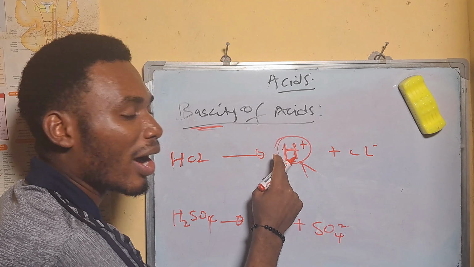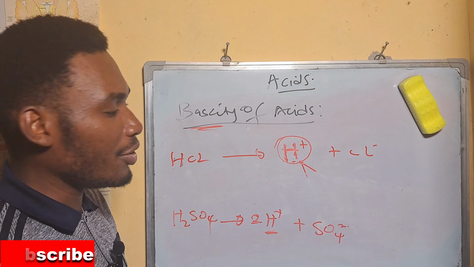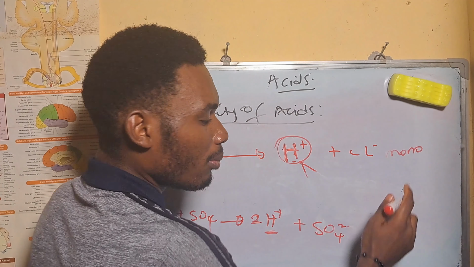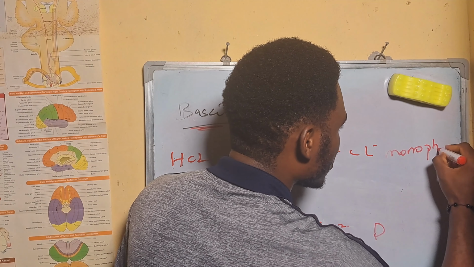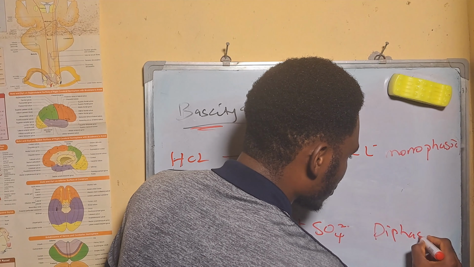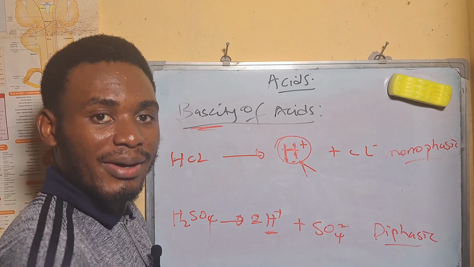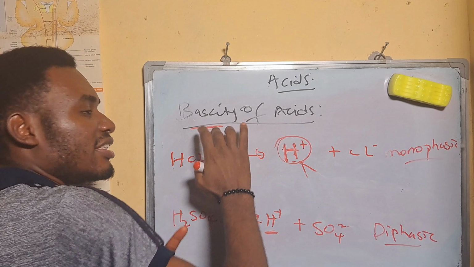Over here it's 1 replaceable hydrogen ion, but down here, it is 2 replaceable hydrogen ions. So here it is monobasic, but here it is dibasic. Are you following? Yes. So the number of replaceable hydrogen ions in an acid is basicity.